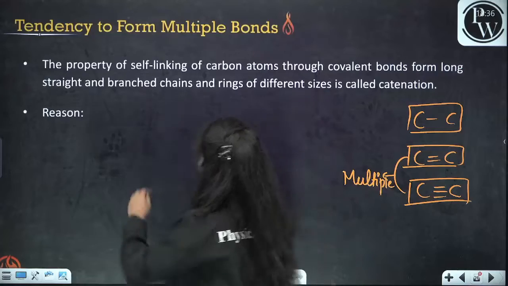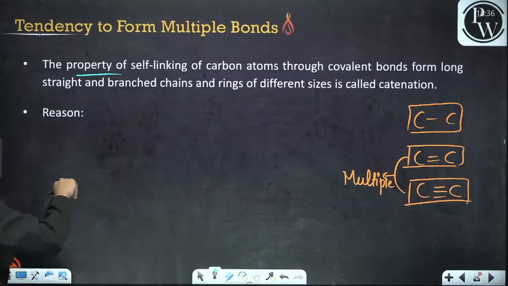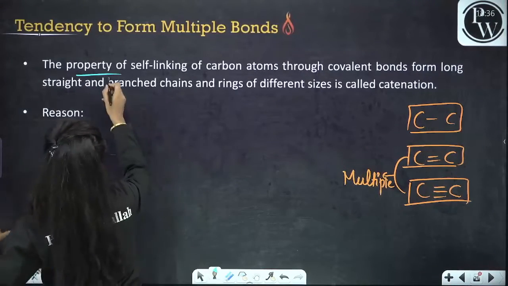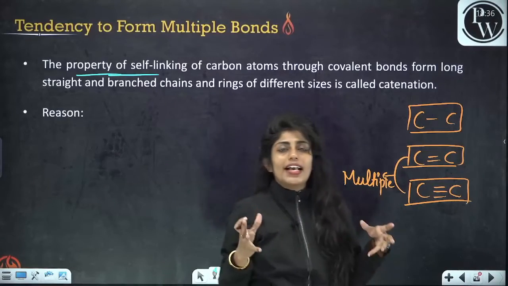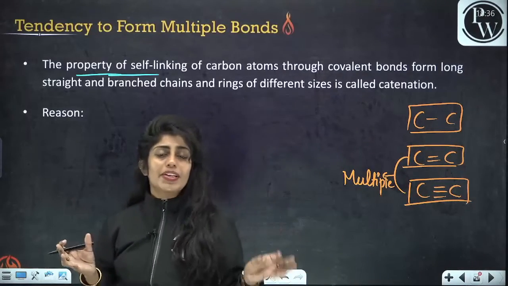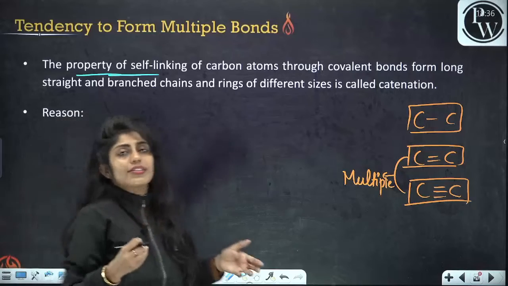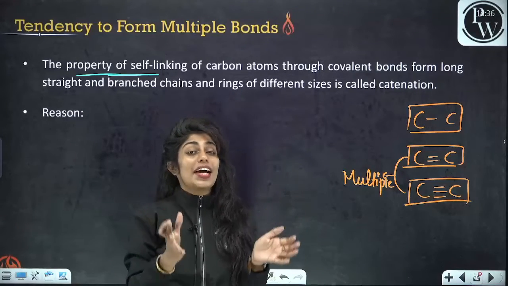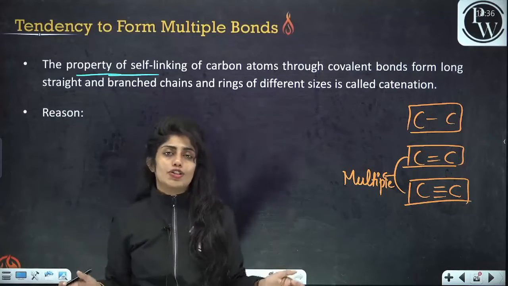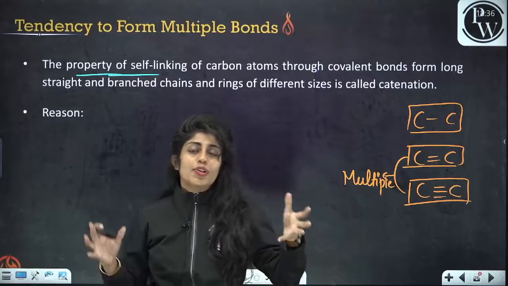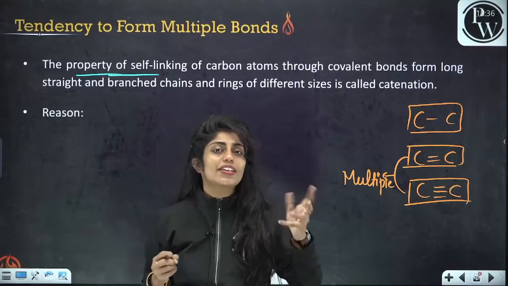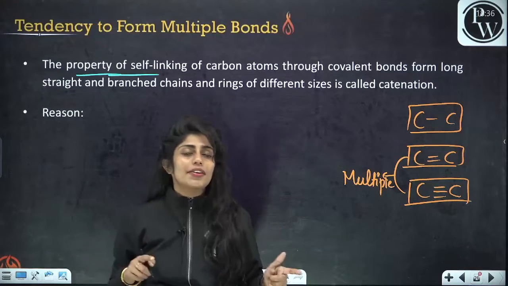So let's discuss the property of self-linking. Okay, again it is about catenation. Yes, of course, due to catenation, carbon comes closer to carbon, and we also understand why this catenation in carbon is occurring on a large scale: size, and the hold of the shared electron by the nucleus is higher.